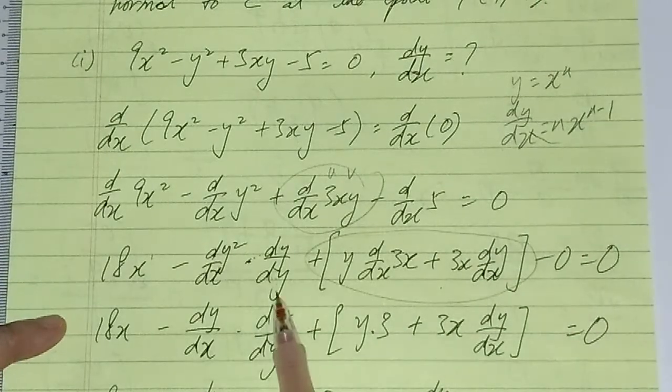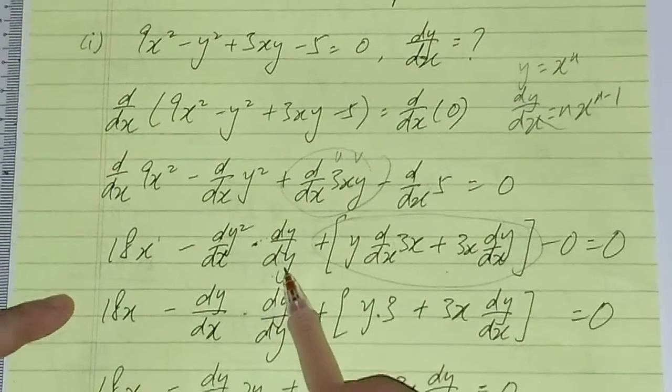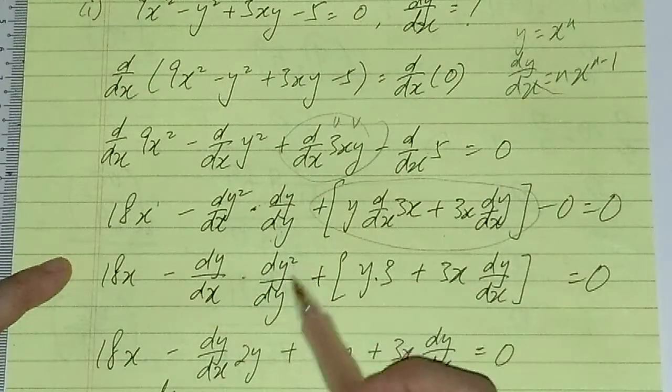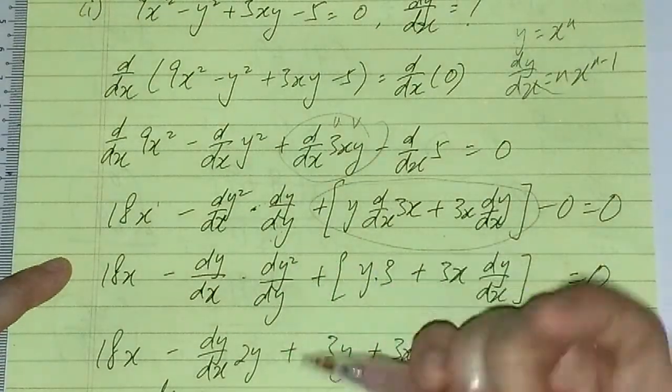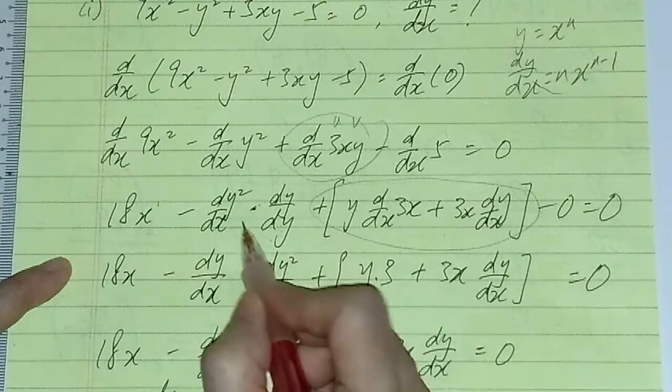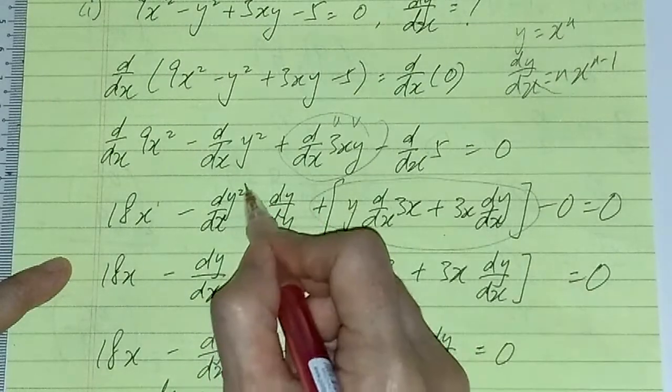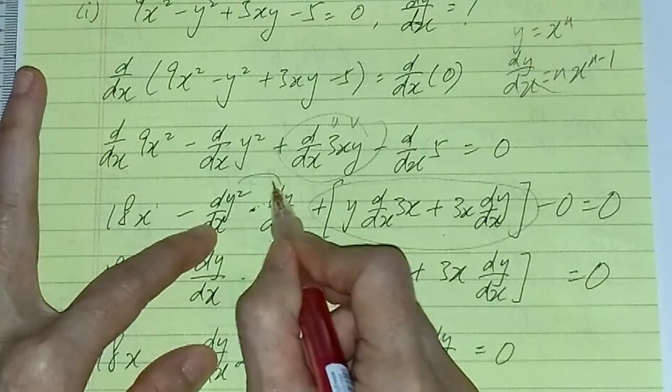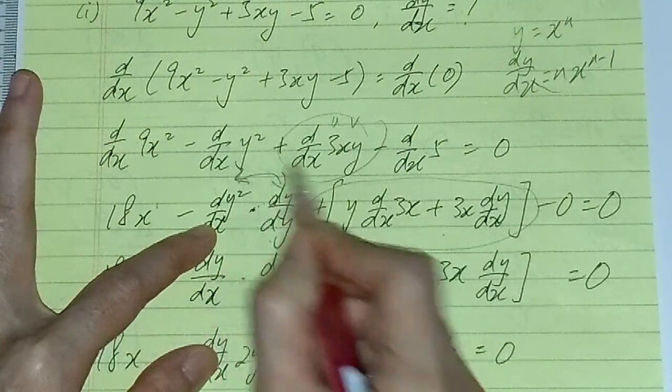Now come to this. We can swap the denominator, or swap the top, because it's multiplication.